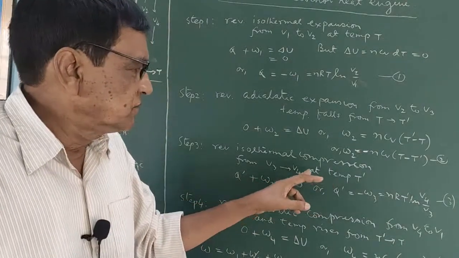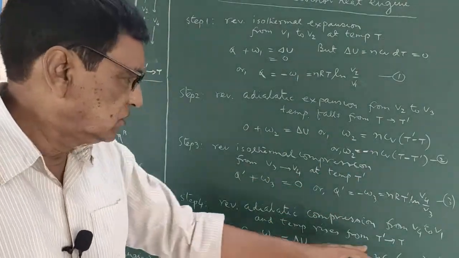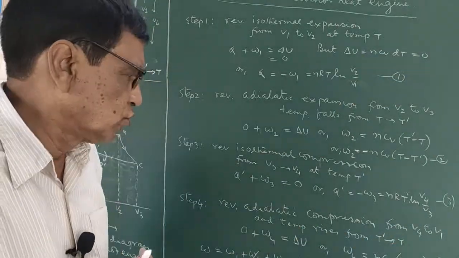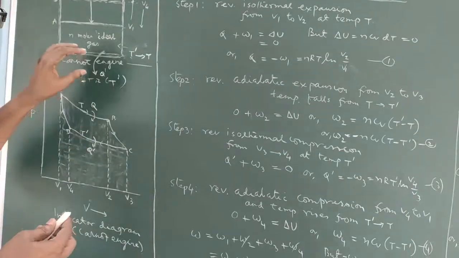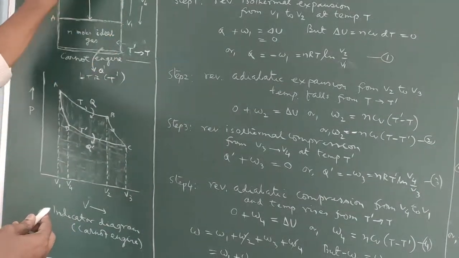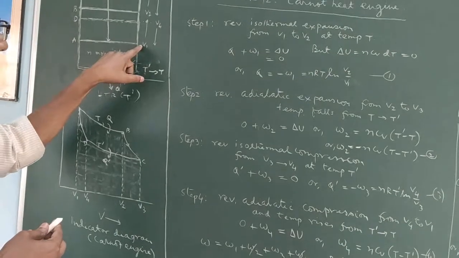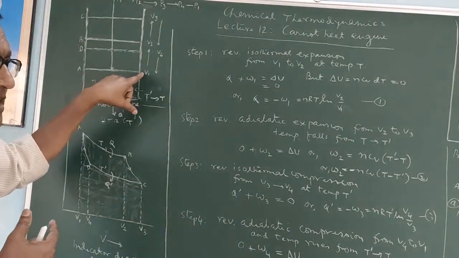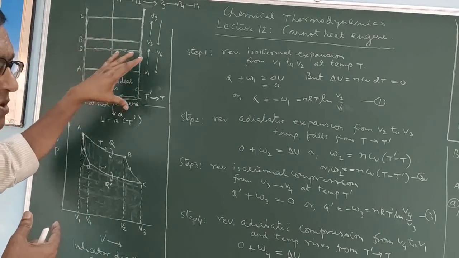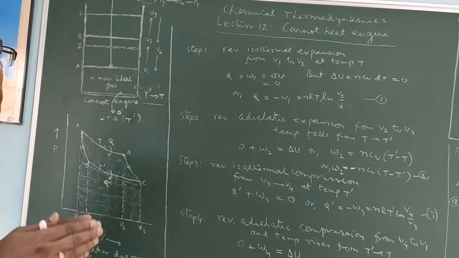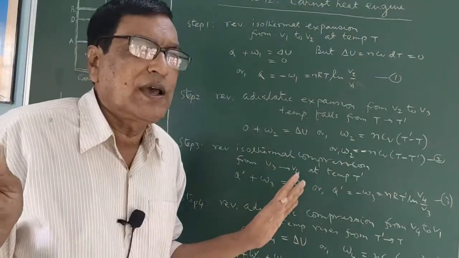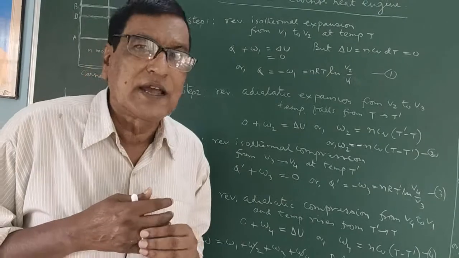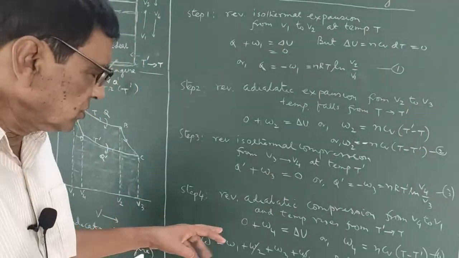So the temperature is changing to T, the temperature of this heat source. Whenever the piston is coming to this position A, the initial condition of the piston of this engine is restored, as all engines must work in a cycle.